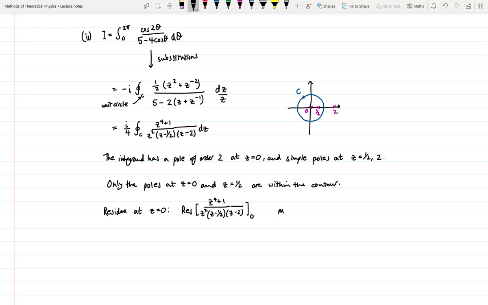Here this is a second order pole, say m equals 2, and you'll recall that from the previous video we showed that such a residue is given by this expression here. This is the m minus 1th derivative of z minus z0 to the m times f of z.